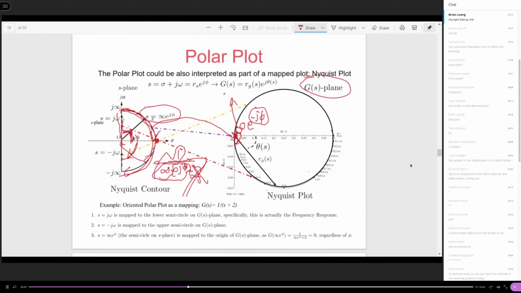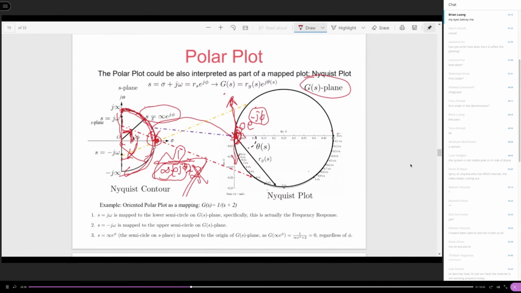So when phi is positive 90 degrees on the G of S plane, this point points downward, to negative 90 degrees. Then, starting from this point, it starts to rotate upward to positive 90 degrees. So the rotation direction on the G of S plane is opposite to the direction on the S plane.